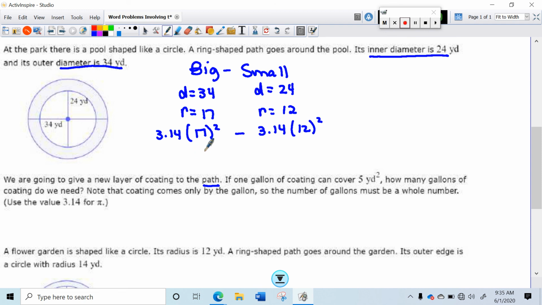Okay, so 17 times 17 times 3.14 is 907.46. 12 times 12 times 3.14 is 452.16. Subtract those and you get 455.3.